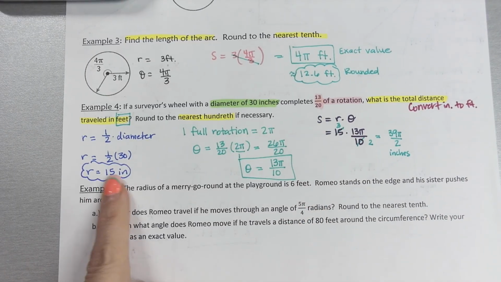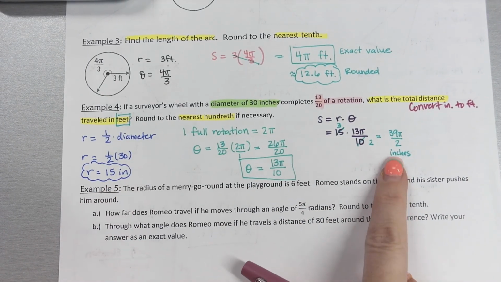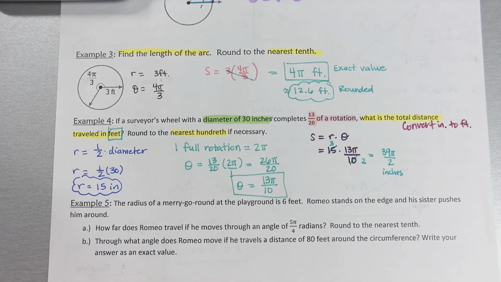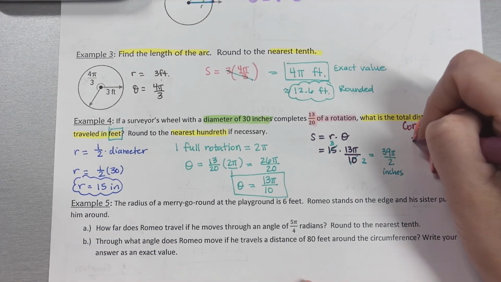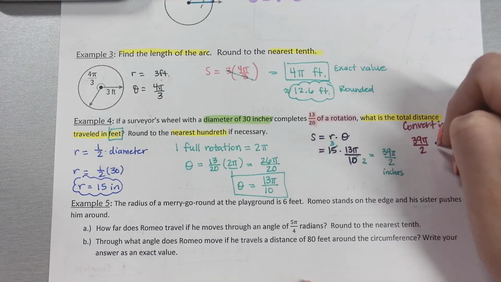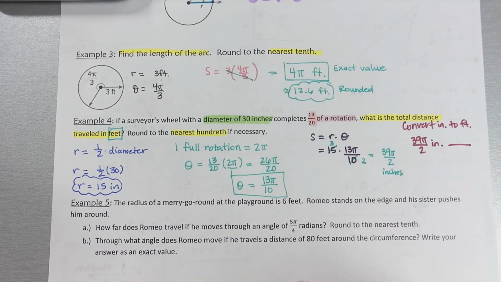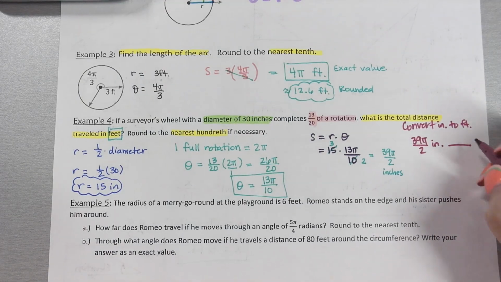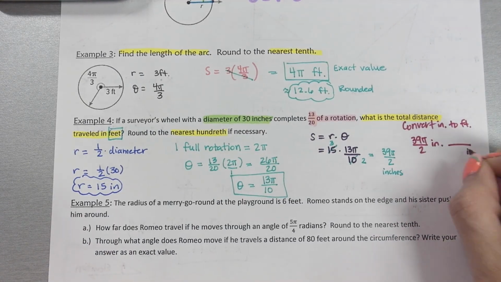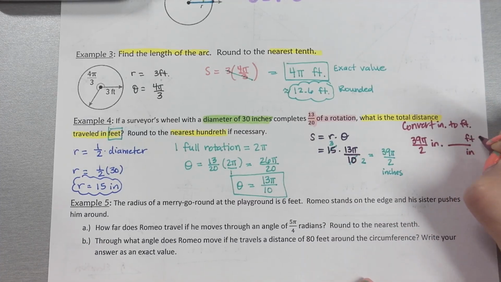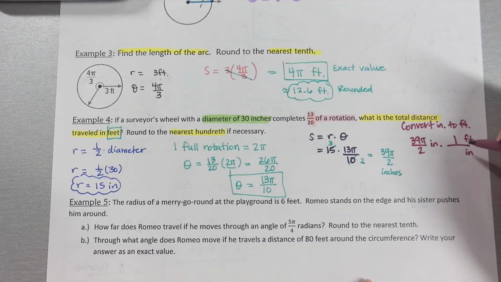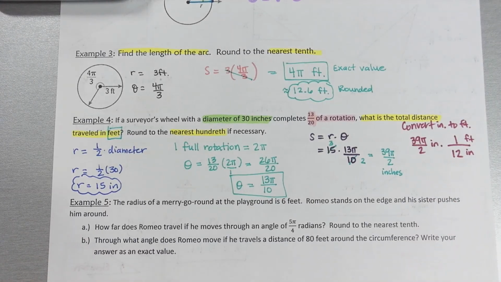If you have 39 pi over 2 inches, remember how we set up our conversion: we want inches in the denominator so that they cancel. What is the ratio of feet to inches? 1 to 12. 1 foot is 12 inches.